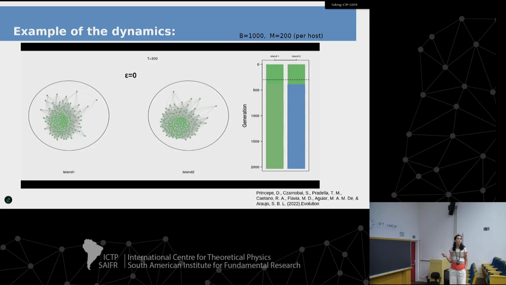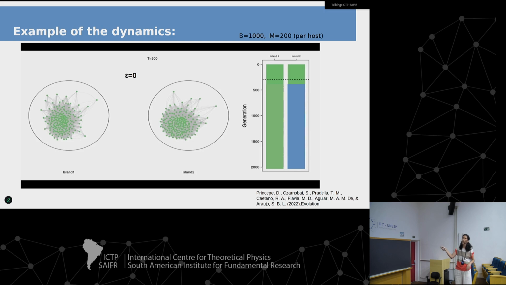What we expect from allopatry is that if you let the migration be 0, here is a graph over time in island 1 and island 2, and the same colors mean the same species. They are in different islands, but the genetic similarity is still enough to link them. If they met, they could have offspring. But as time goes on, we see that the colors change, which means that we have a speciation event.